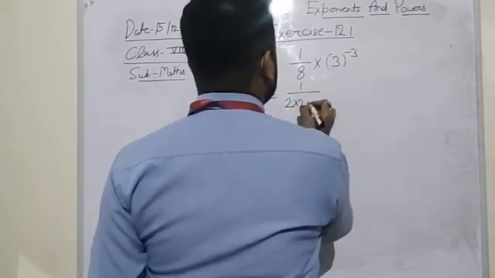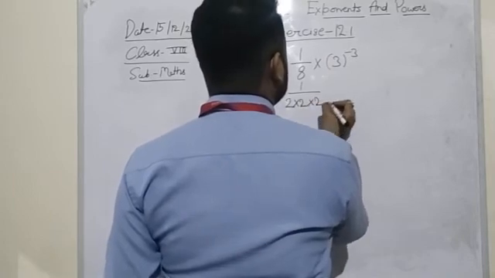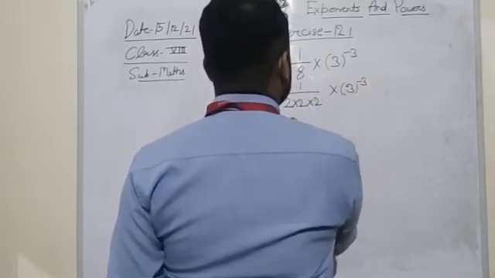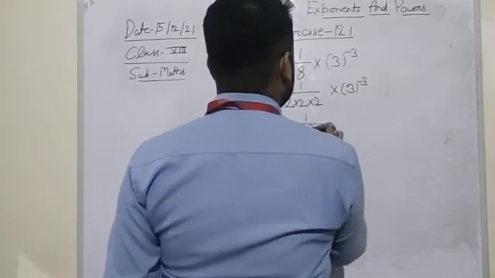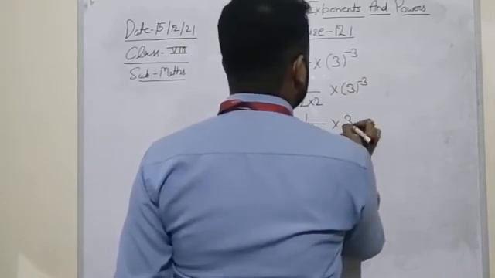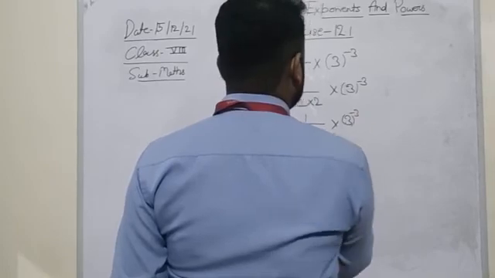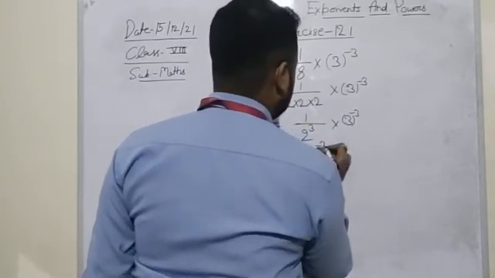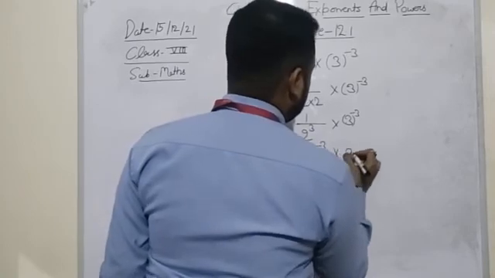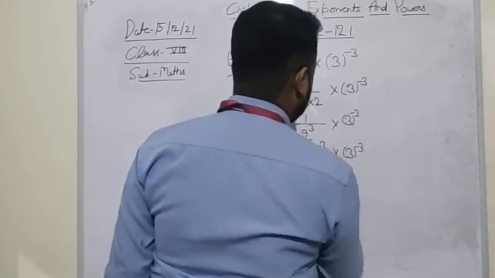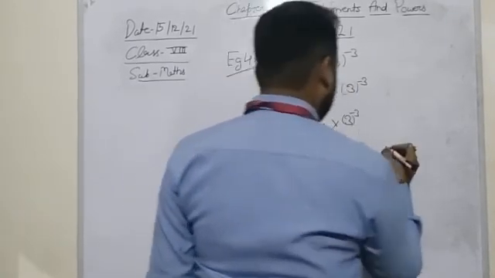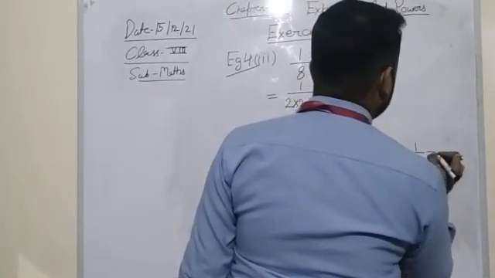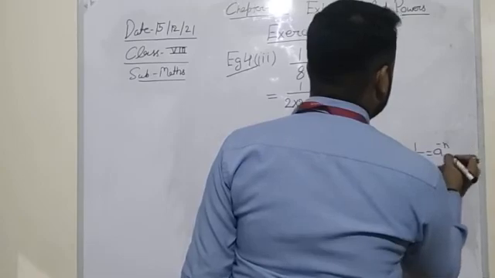So 8 can be written as 1 by 2 into 2 into 2, into 3 to the power minus 3. 1 by 2 to the power 3, into 3 to the power minus 3. So the reciprocal can be written as 2 to the power minus 3 into 3 to the power minus 3, by 1 by a to the power n is equal to a to the power minus n.